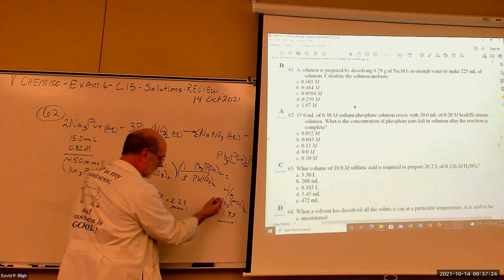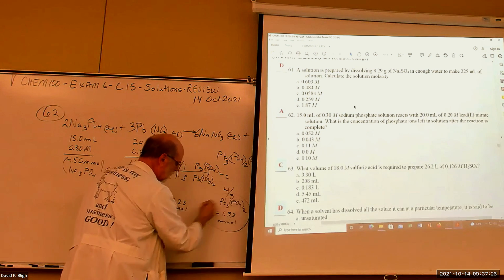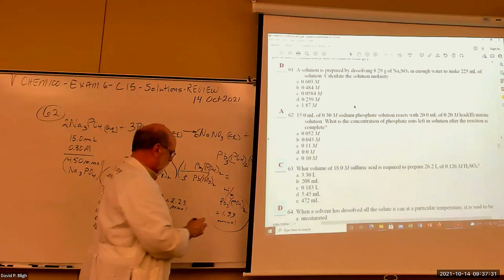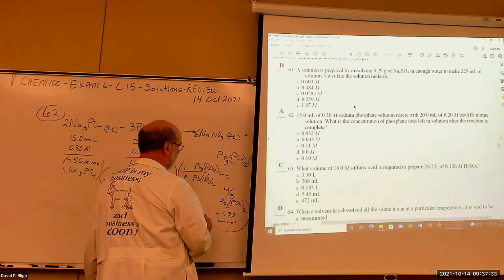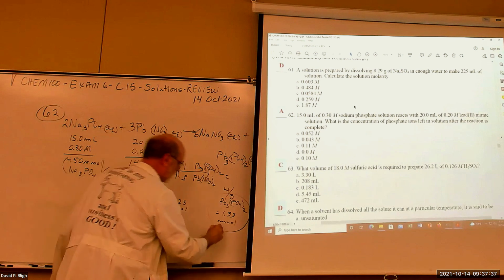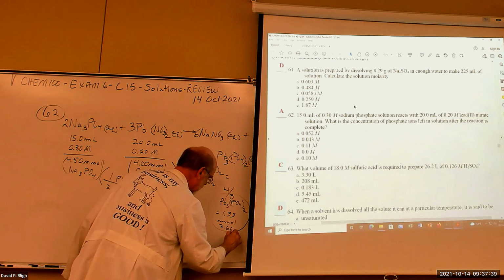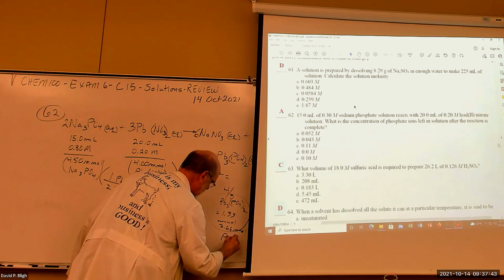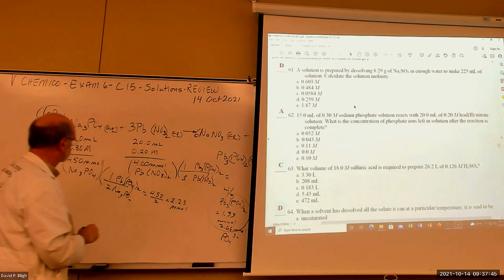Right? If we use this one here, 1.33 millimoles of lead phosphate is produced. Excuse me, 2 times that. 2.66 millimoles of phosphate ions is used up.